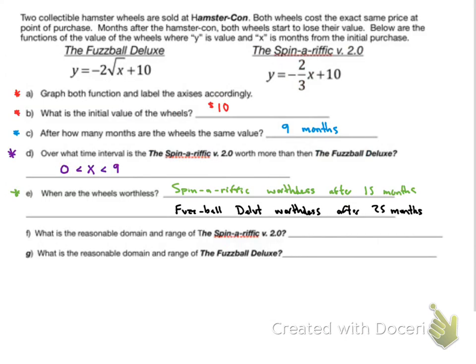So the domain is from 0 to 15 months. And this is the domain for Fuzzball real quick.